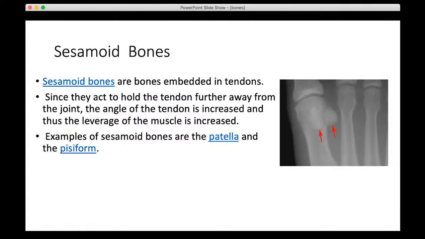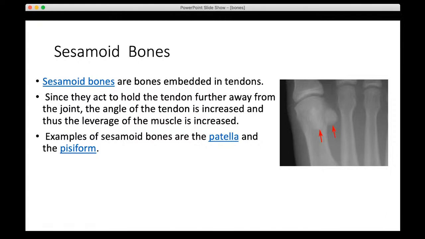Okay. And they have some advantage for muscle movement. How? Focus on the second point: they act to hold the tendon further away from the joint, so they make some gap between the joint and the tendon, the elastic tissue which joins muscle with the bone.